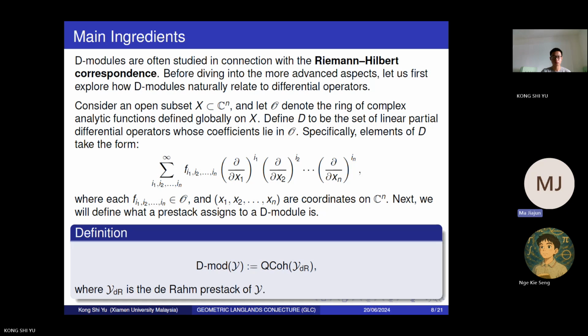What is Q-coh of Y de Rham? First of all, if Y is A1, what is Y de Rham? I know the question. You mean if Y is A1, what is this A1 de Rham, right? Yes.